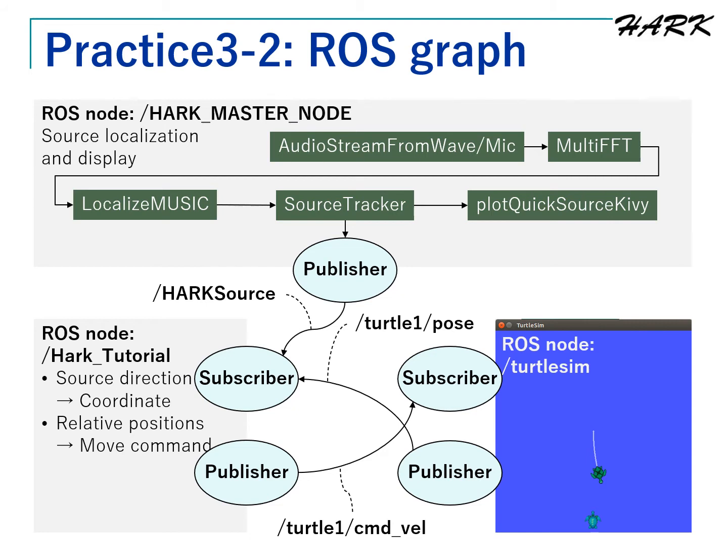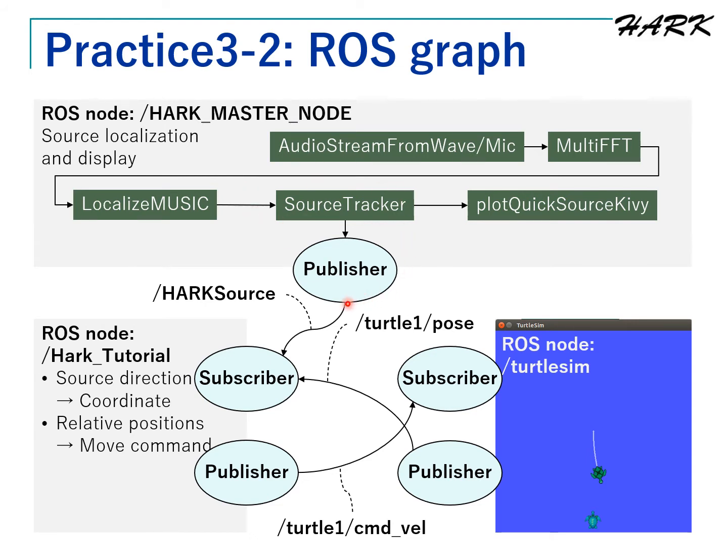This is the ROS graph diagram. Three nodes are used: HARK master node, HARK tutorial node, and Turtlesim node. HARK master node performs the sound source localization and publishes the localization result.